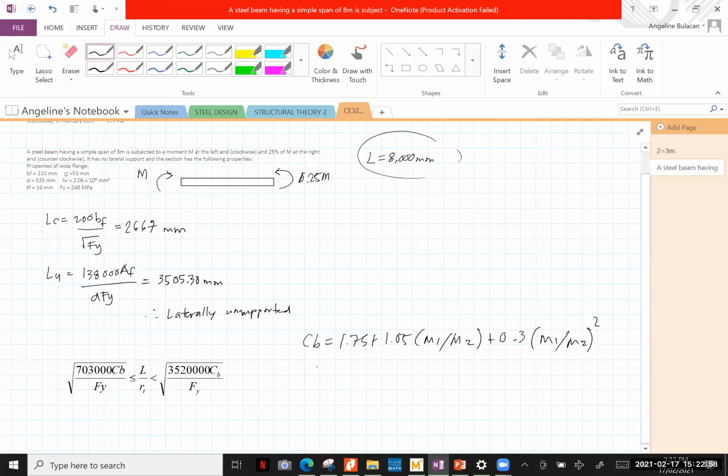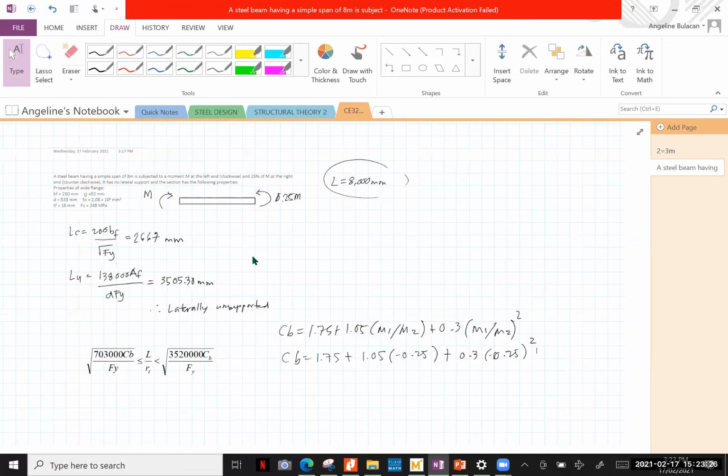So, CB, 1.75 plus 1.05. So, M1 is 0.25 divided by 1. So, 0.25 plus 0.3 times 0.25 squared. So, ang lalabas, check natin.